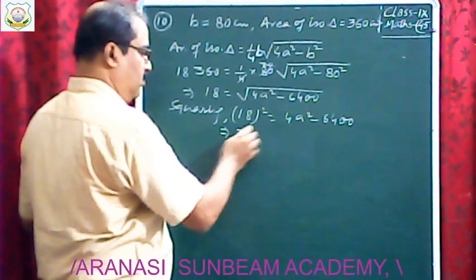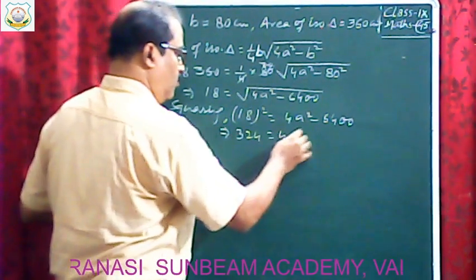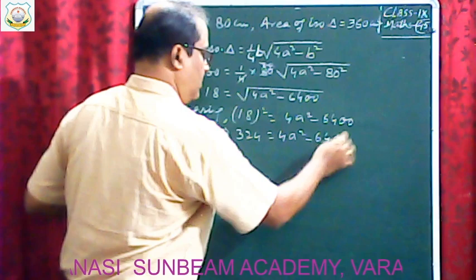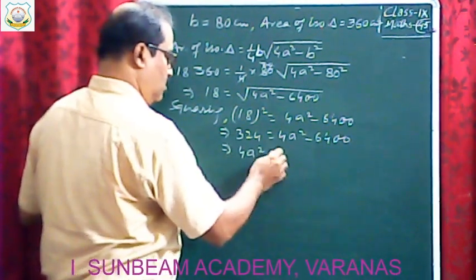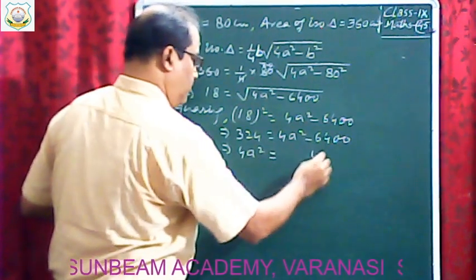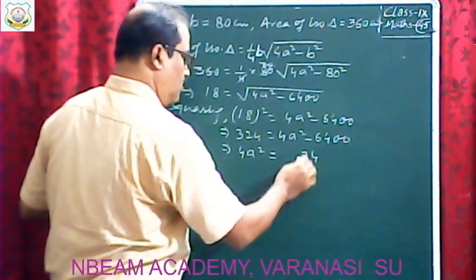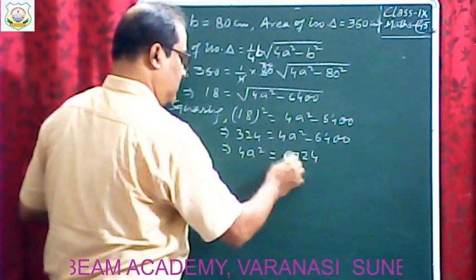18 square, 324, equal to 4a square minus 6400, which implies that 4a square equal to, adding, 6724.